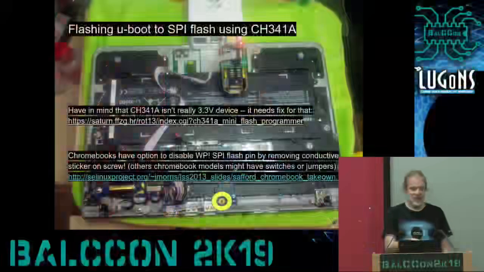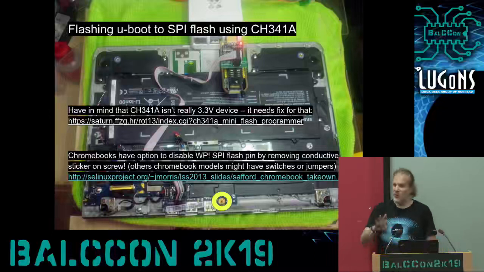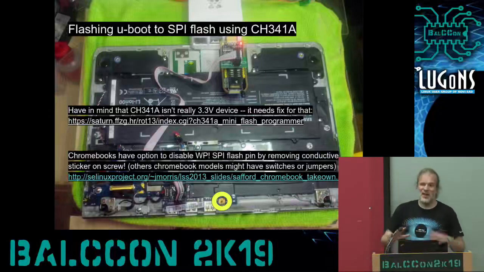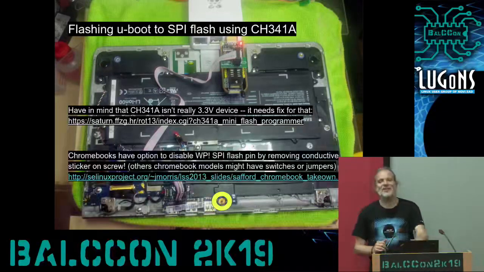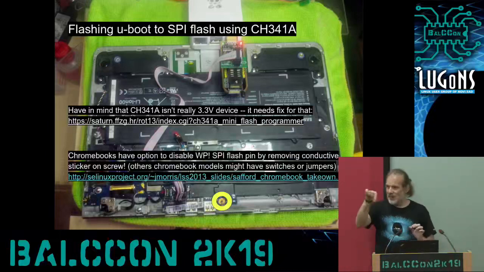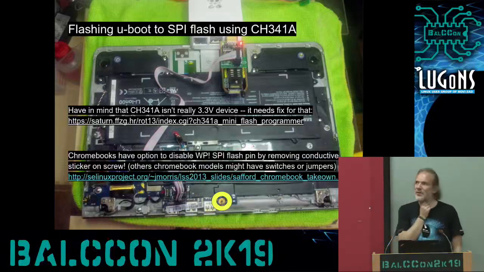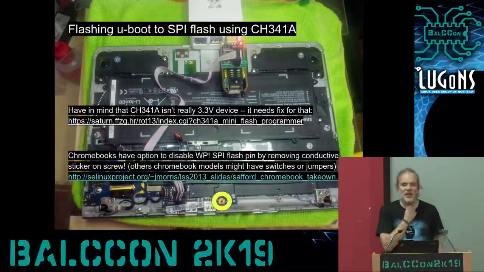On this slide, since I'm using a Chinese SPI flash, I have to warn you that this flash adapter actually isn't 3.3 volts, it's actually 4.9 volts, and it will work with 3.3 volt flash, but if you really want it at 3.3 volts, just look at this link. It's a simple matter of lifting one pin and connecting the wire to the correct place. And the Chromebooks are interesting because they are actually designed so you can reflash them.